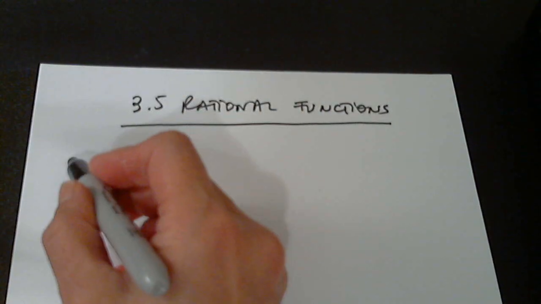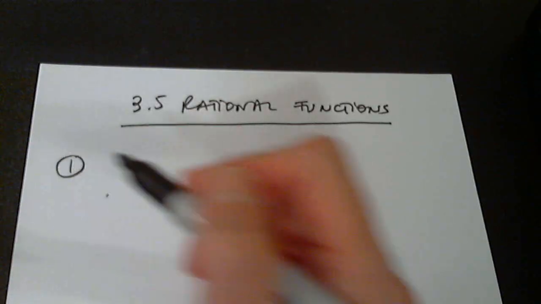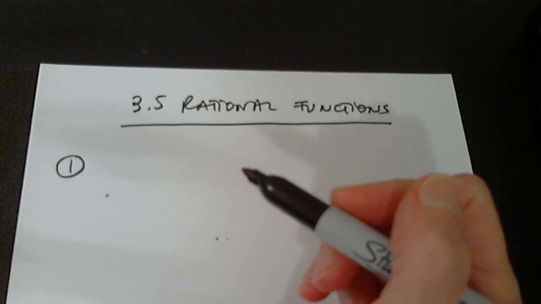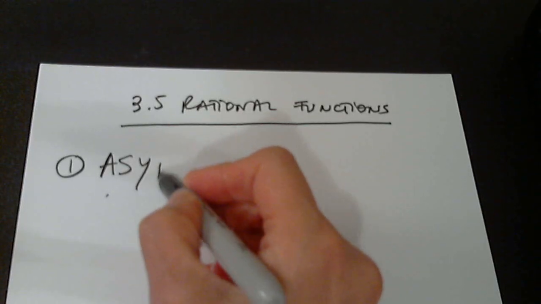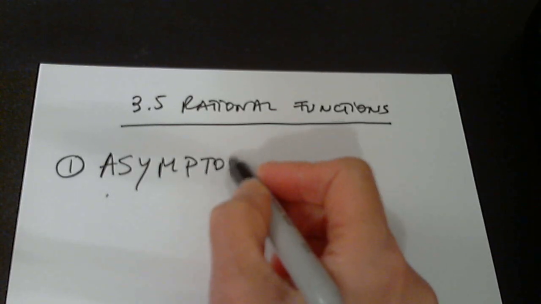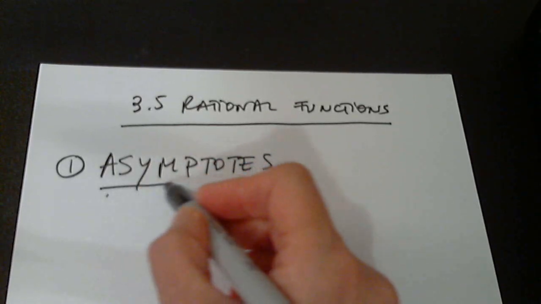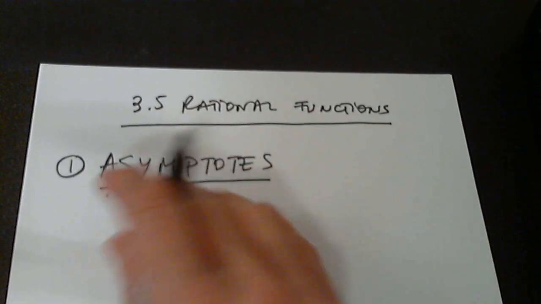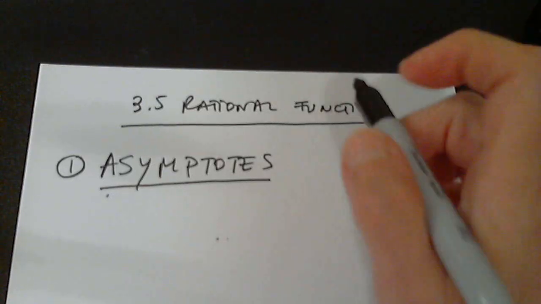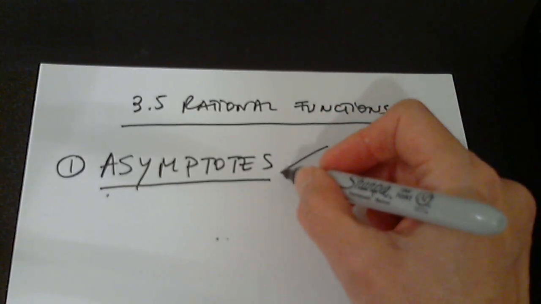One thing that we have never seen before in polynomial functions, they don't have this, are something called asymptotes. There are three different types. We have never talked about this before.